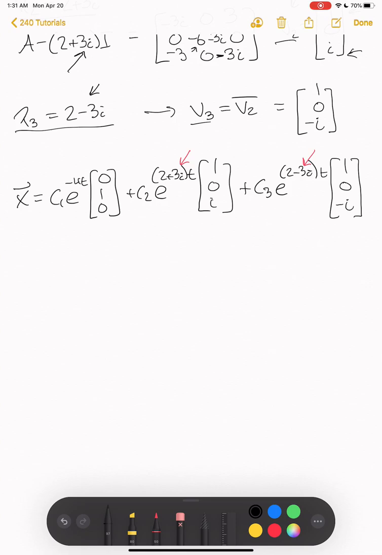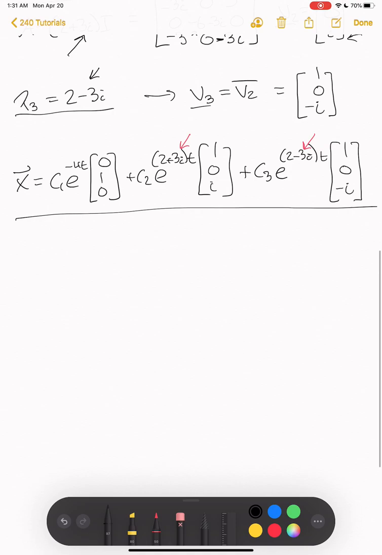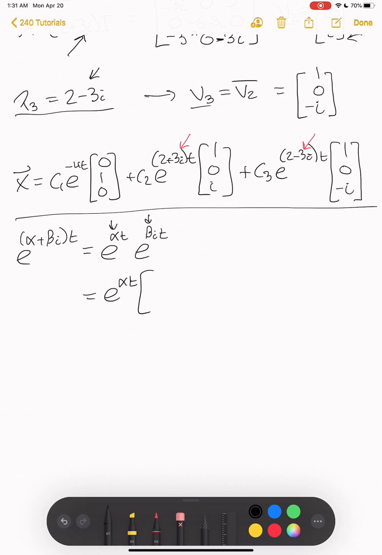So you remember from earlier chapters, we had e to the alpha plus beta i times t. Based on rules of exponents, I can break this down: e to the alpha t times e to the beta i t. And these are both real numbers, alpha and beta. So I can just rewrite this as e to the alpha t. And then we had Euler's identity.